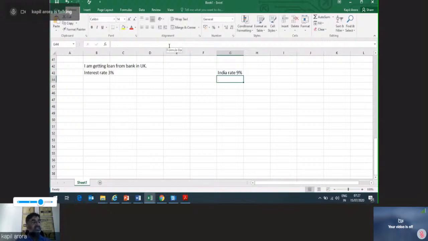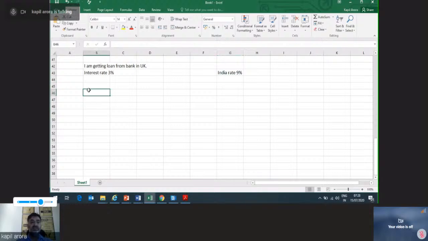You may say that I will definitely go to the UK and take the loan from that bank. I may have my establishment, my branch there, so I have taken the entire loan there, because that is 6% cheaper, I will definitely go and take that.